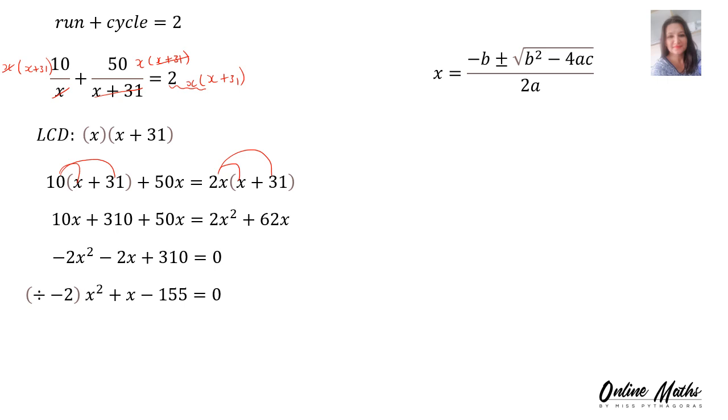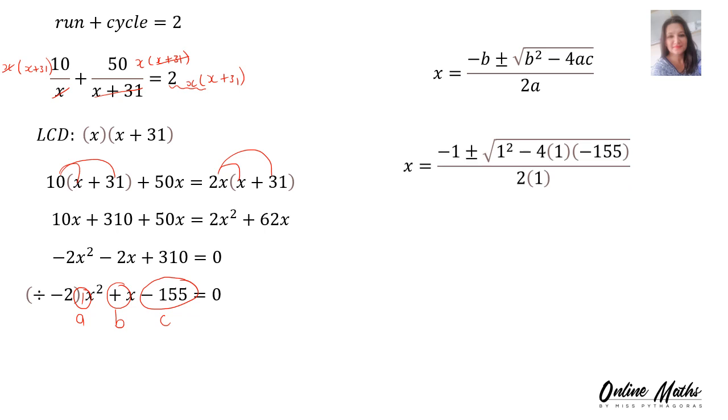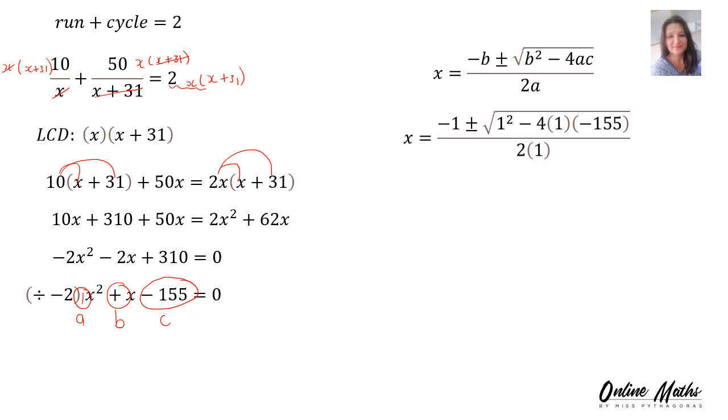And then for the quadratic formula, a's value is 1, b's value is 1, and c's value is negative 155. So when I slot all of that in, I end with minus 1 plus minus the square root of 1 squared minus 4 times 1 times negative 155, over 2 times 1.